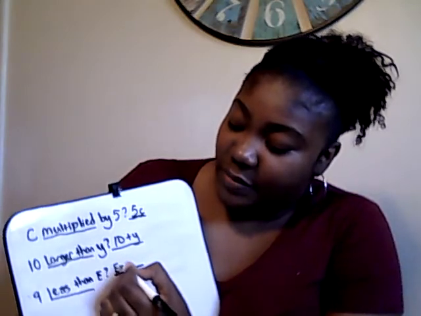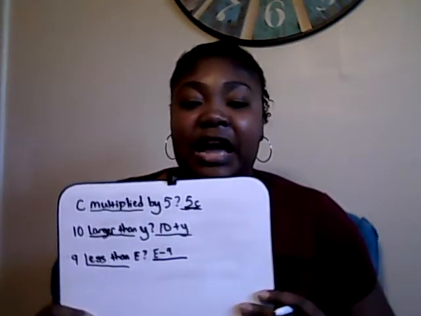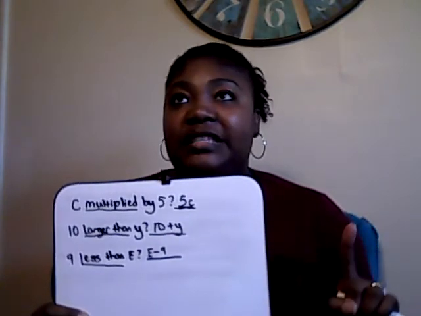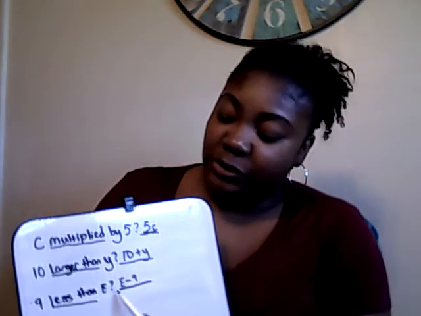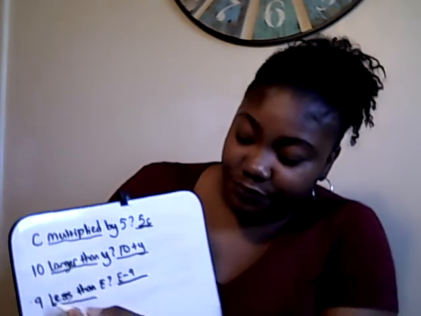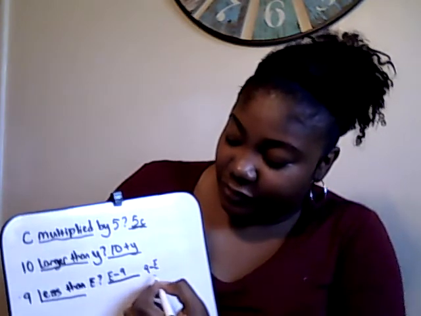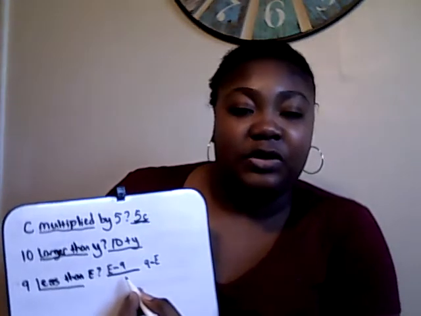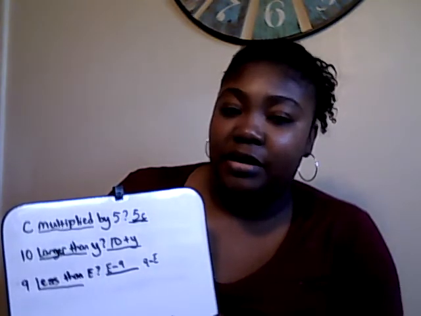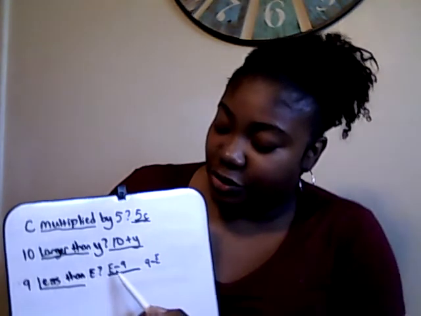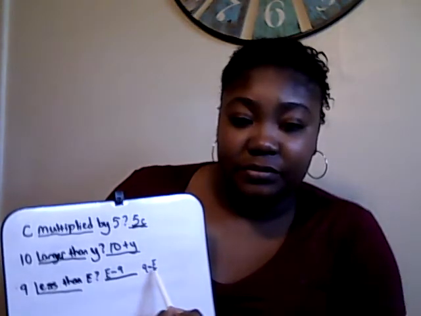E minus 9. And in tomorrow's lesson, when you're dealing with less than or greater than, you will do the reverse. Like you want to say 9 less than E, it's like you reverse it. You do the opposite. So it'll be E minus 9 instead of 9 minus E. Okay.